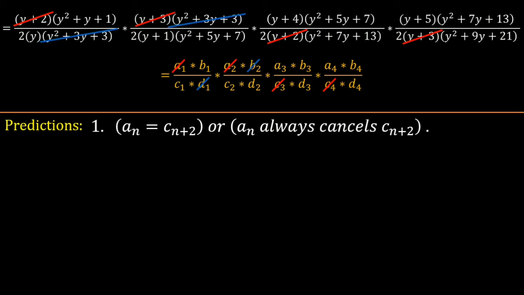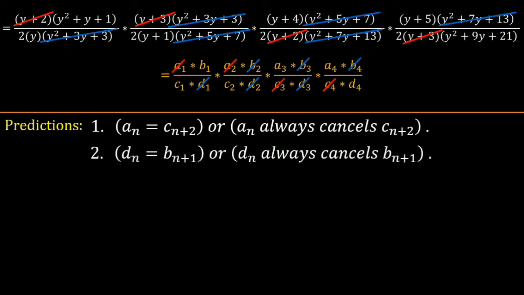And we can easily cancel this with this, so d1 is cancelled by b2, d2 is cancelled by b3, and d3 is cancelled by b4. So our second prediction is that dn always cancels b(n+1).